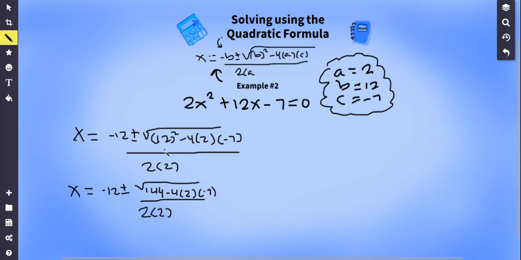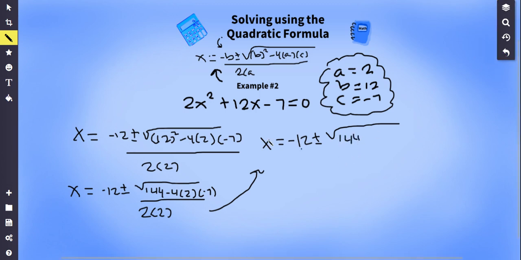So x equals negative 12 plus or minus the square root of 144, and we don't want another negative.